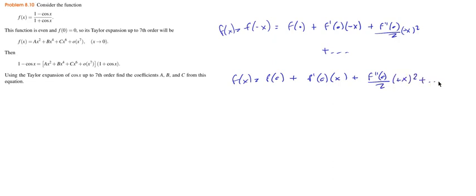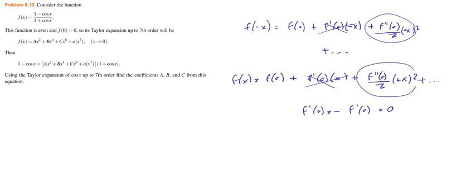So this is f of x, this is f of minus x, and you compare these two expressions, they have to be equal because this function is even. So f prime at 0 has to be minus f prime at 0, which the only way it can happen is that this is equal to 0. And this is the same for all odd terms.